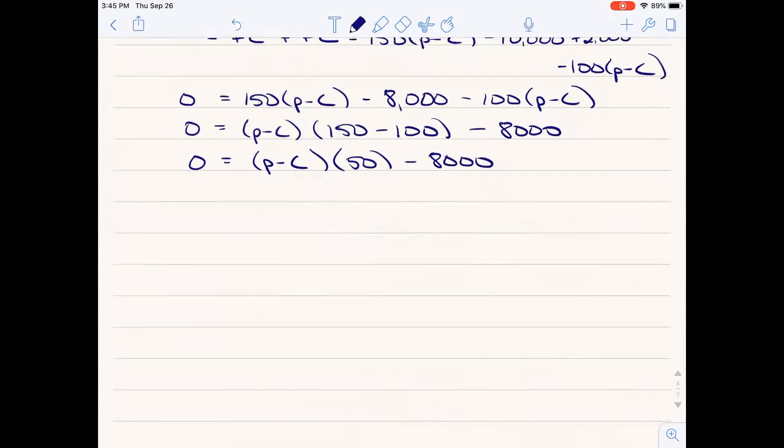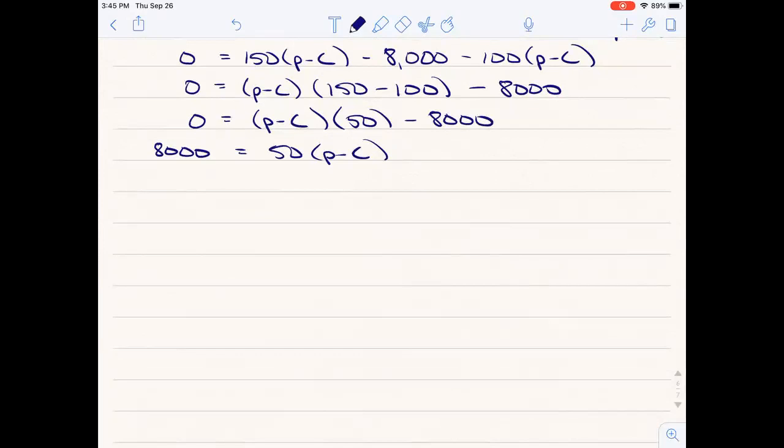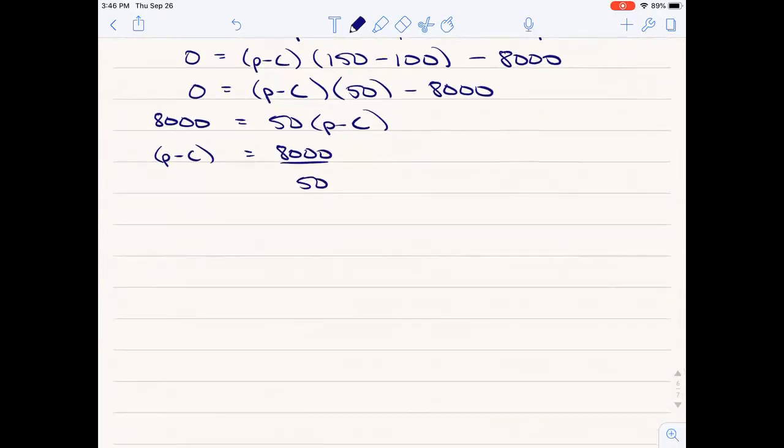And so add 8,000 to both sides. 8,000 is 50 times P minus C. Dividing both sides by 50, switching my P minus C over, I get 8,000 divided by 50. P minus C is 160. 8,000 divided by 50. Oh man, 160.